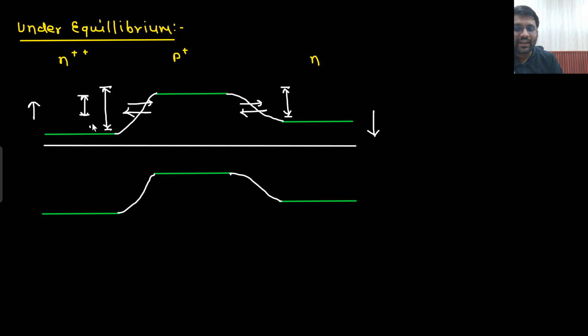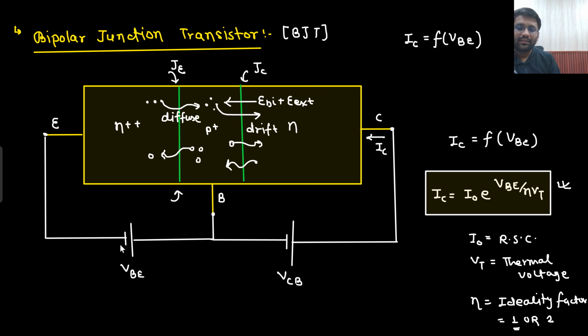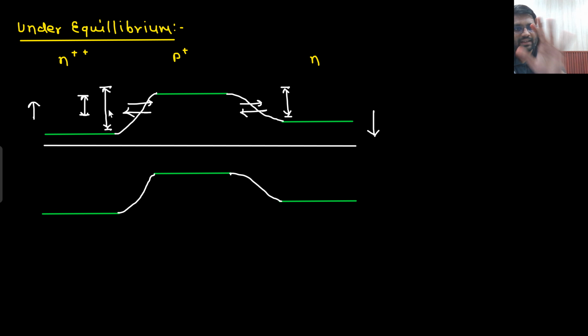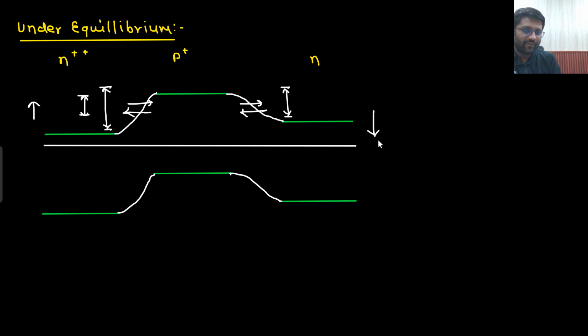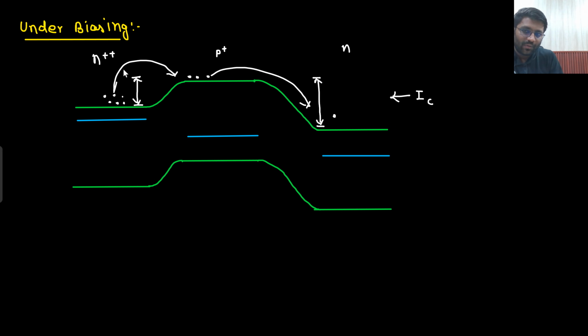That means no electrons would be coming from here to here. Whatever electrons were coming from here to here, this would not come.